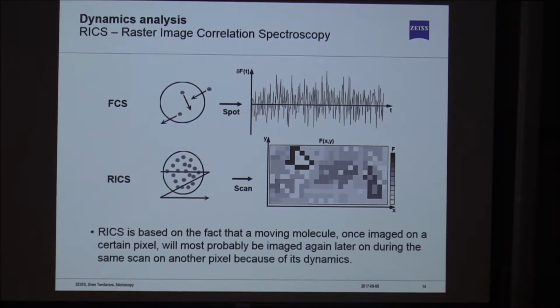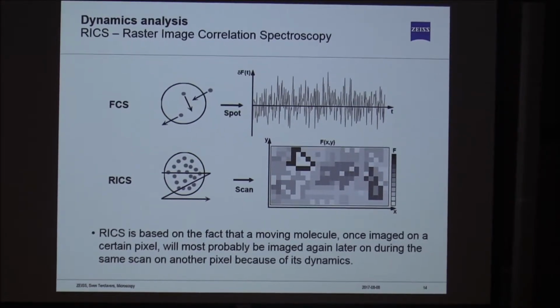The idea behind this is that every image that you acquire on a confocal microscope is actually a time lapse on its own. Since it's point scanning, every pixel that you scan is different in place and in time within the same image. So by correlating all the pixels with each other, you can also extract dynamics data from this.